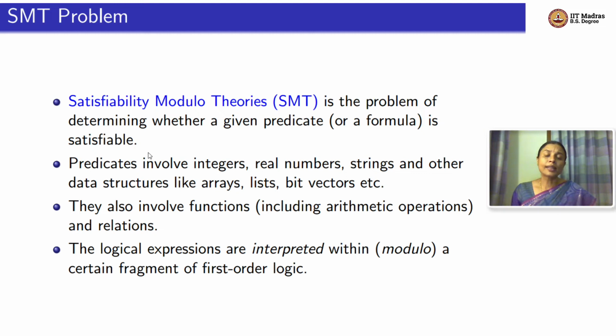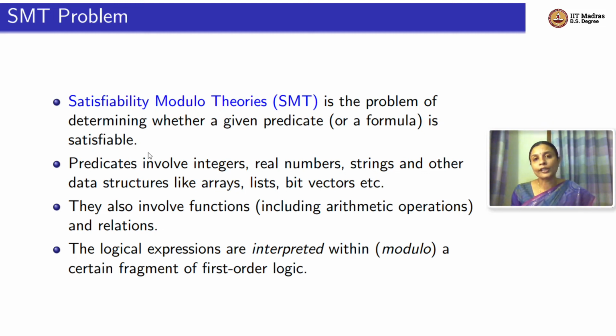That is, is there at least one assignment of values to the variables, functions, relations that come in the predicate that make the predicate evaluate to true. As I told you, predicates involve all these variables, right? They also involve functions and stuff like that. Because they involve all these kinds of variables, the resulting predicate or the logical expression corresponding to the predicate is usually interpreted, that is, assigned a meaning within a certain kind of theory. Like just a little while ago I told you, right?